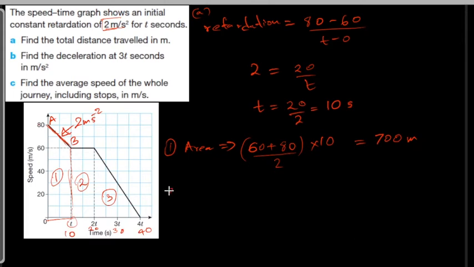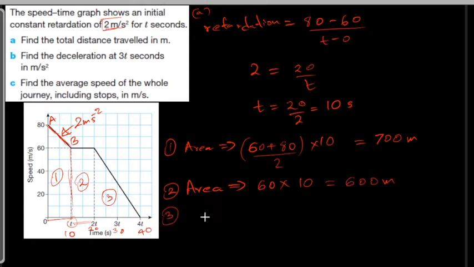Similarly, how to get the area of section 2? This is a rectangle, easy. Length into breadth. The height is 60 and the time in between is 10. So 60 into 10 equals 600 meters.